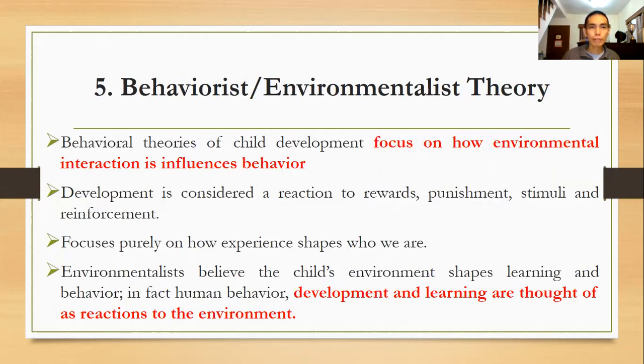Okay, and the fifth theory is the behaviorist or environmentalist theory. Behavioral theories of child development focus on how environmental interaction influences behavior. Development is considered a reaction to reward, punishment, stimuli, and reinforcement.